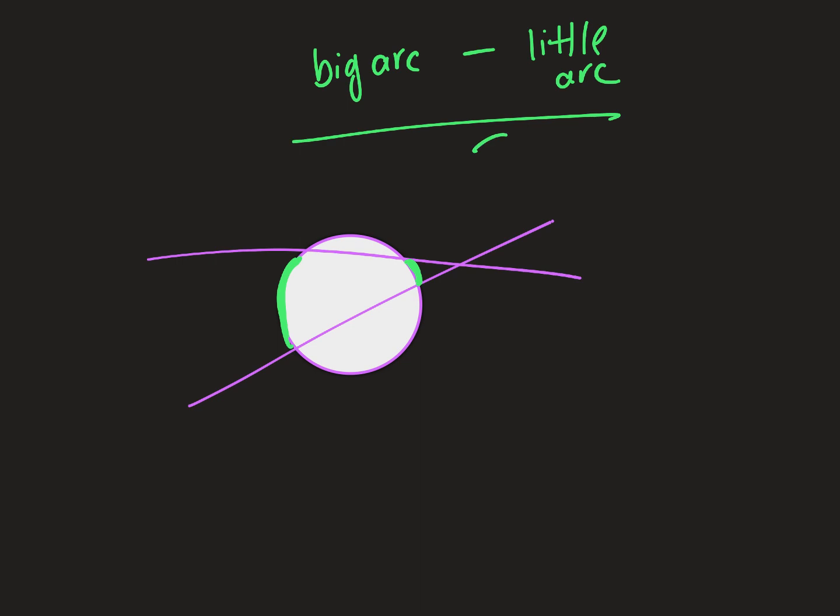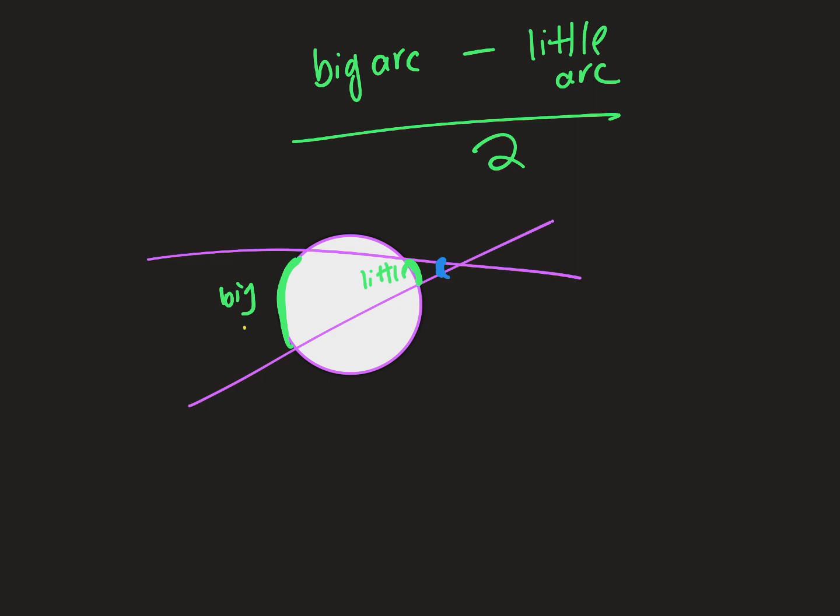There we go. All right, so our intercepted arc. We have this little arc and we have the big arc. So you do the big arc minus the little arc and then divide it by 2 to find this angle measure. So big arc minus little arc, divide by 2.